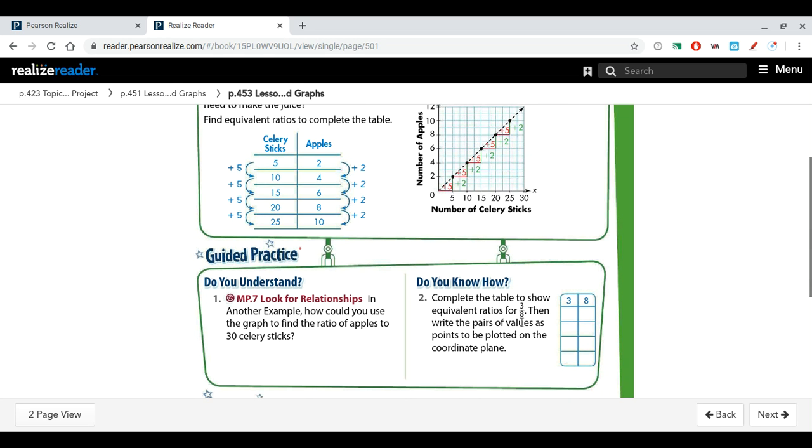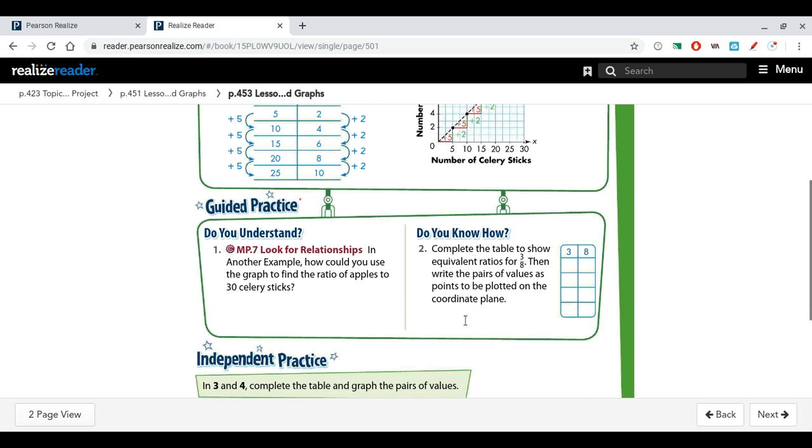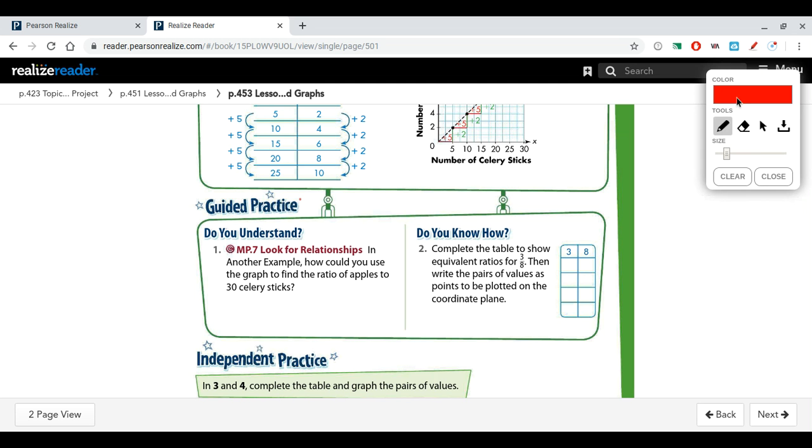All right, complete the table to show the equivalent ratios for 3 to 8. Then write the pair of values as points to be plotted on the coordinate plane. All right, so I'm going to go ahead and create my table. So I have 3 to 8 as my very first coordinate.